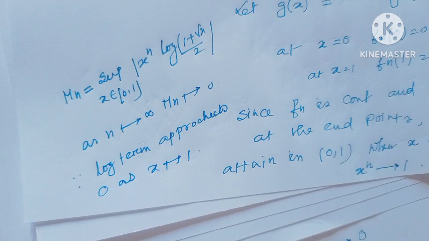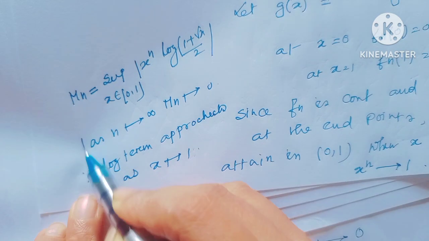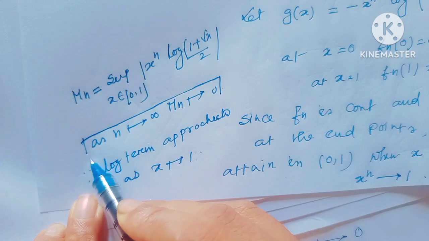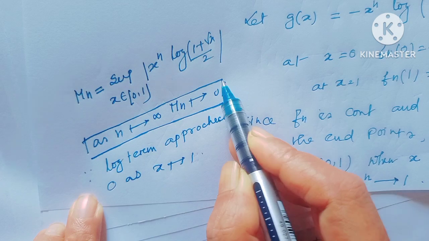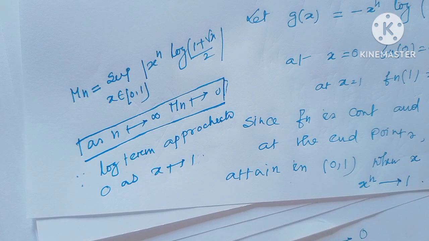When x tends to 1, the log term always approaches 0. So as n tends to infinity, this Mn actually goes to 0.